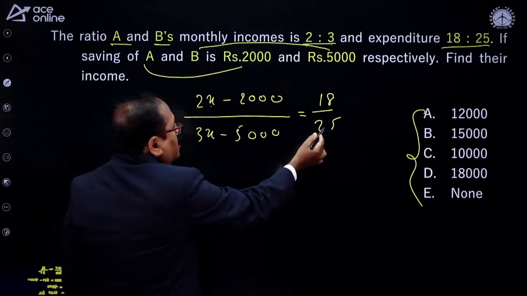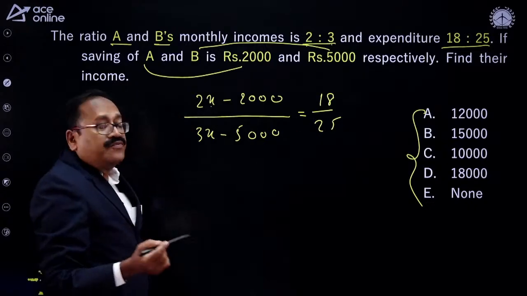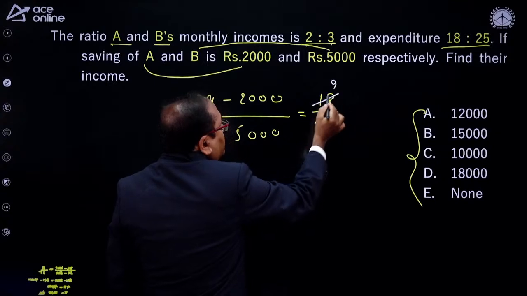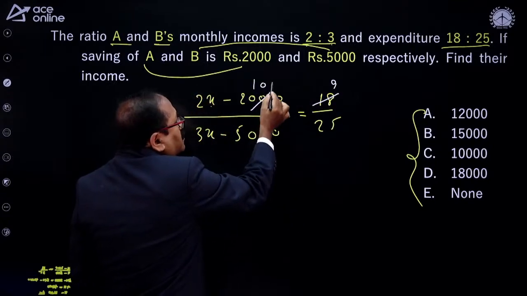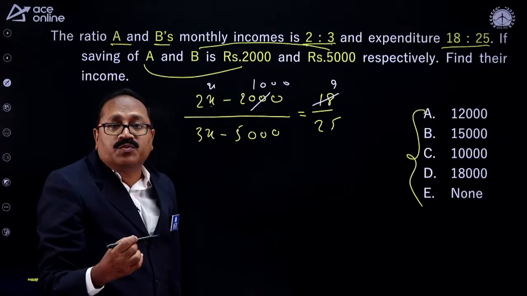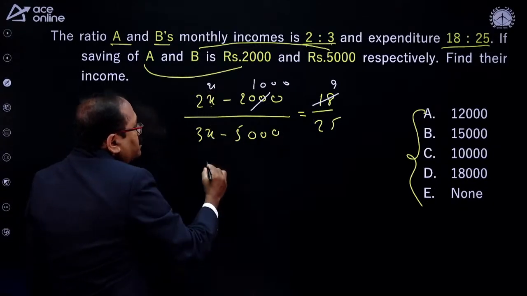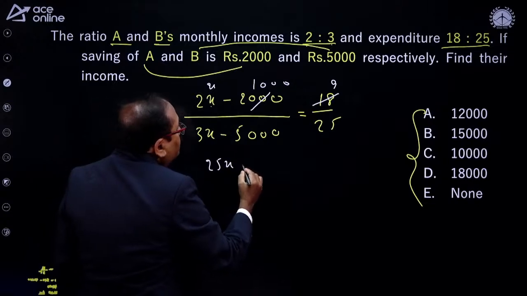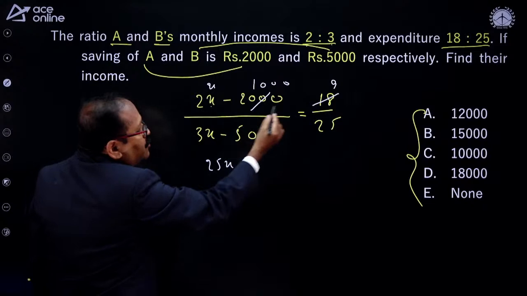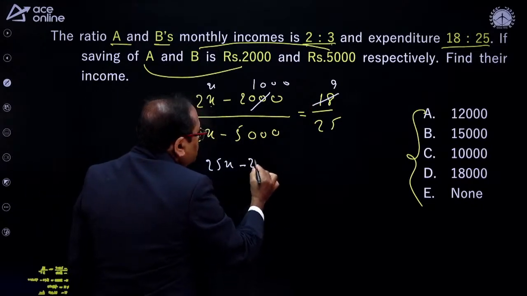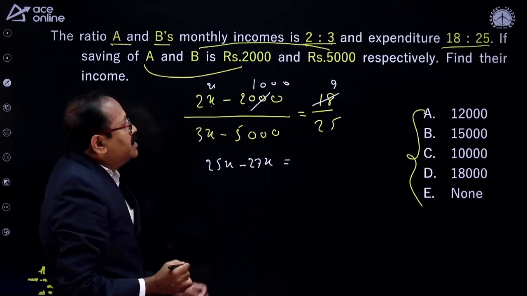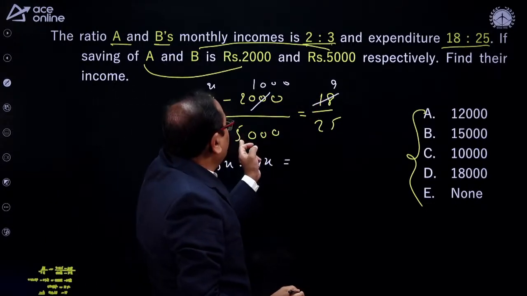So I will go for cross multiplication over here. But before the cross multiplication, did you notice that this can be cancelled by 2? This is 9, by 2 this is 1,000, and by 2 this is x. So now my numbers will be smaller. That means 25x, and here it comes 9 times 3 is 27, so minus 27x, which is equal to 25 times 1,000, that is 25,000, minus 9 times 5,000, that is 45,000.